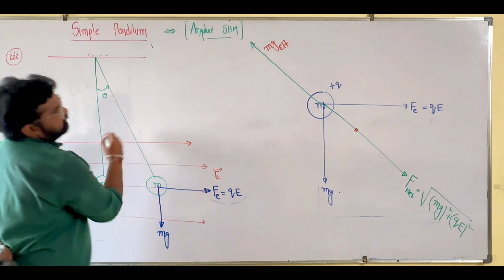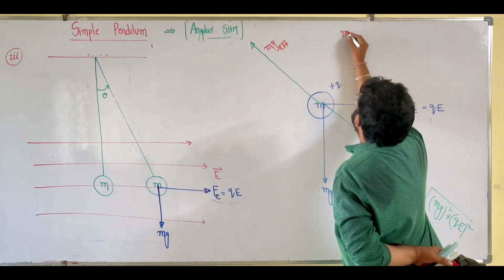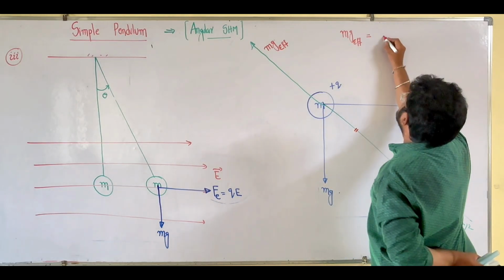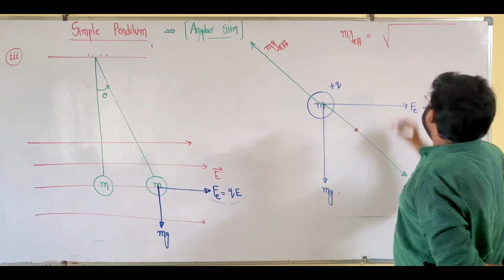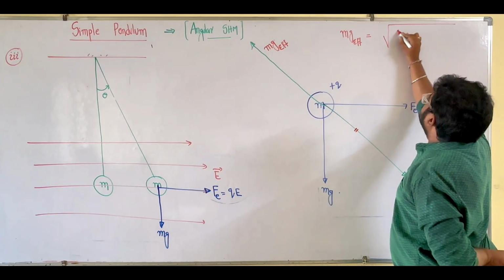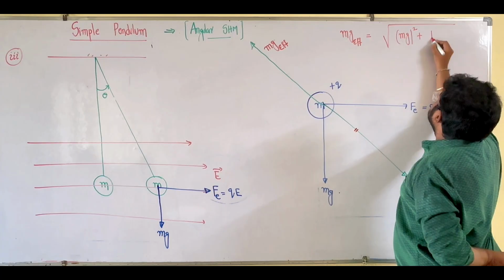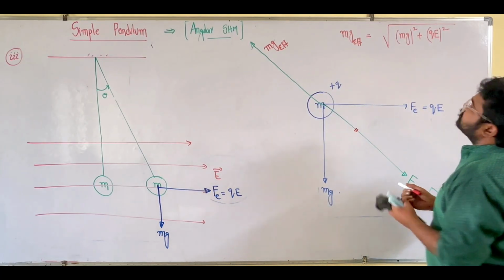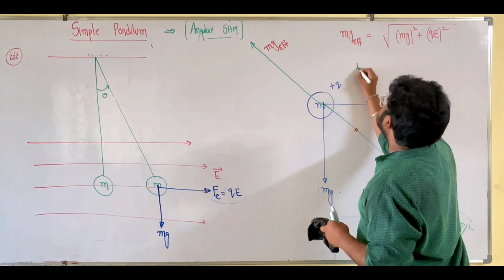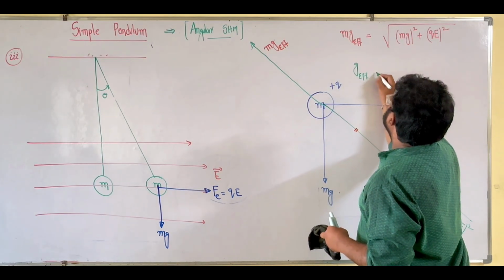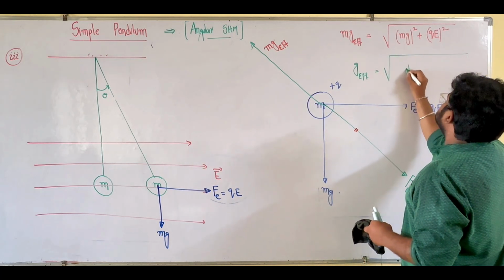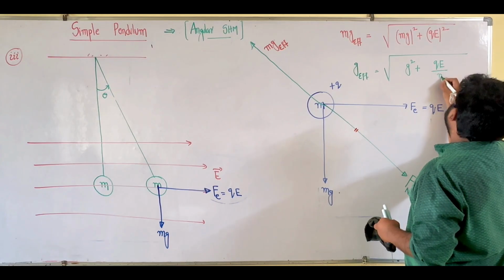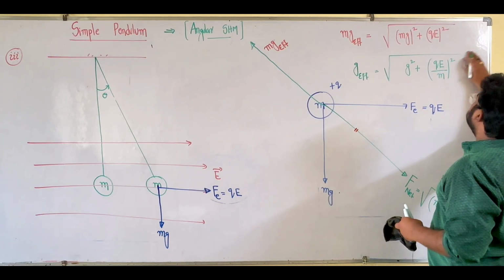So mg effective equals square root of (mg) square plus (QE) square. Taking m square inside, g effective equals square root of g square plus (QE by m) whole square.